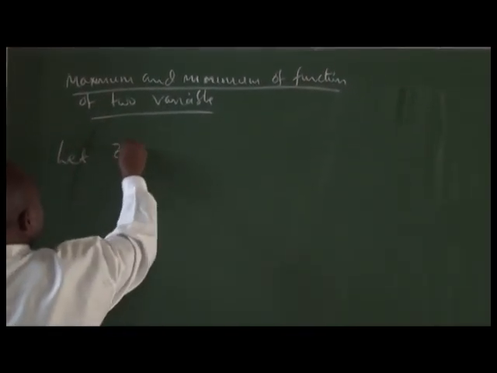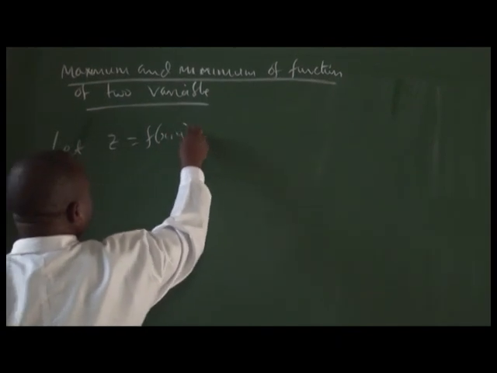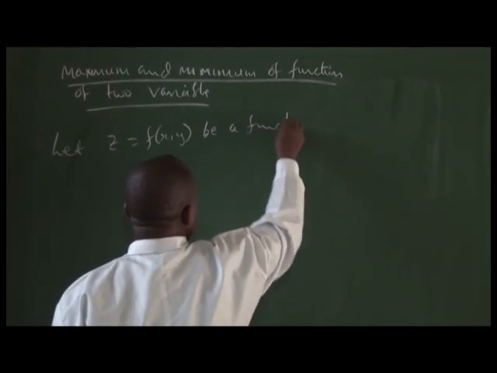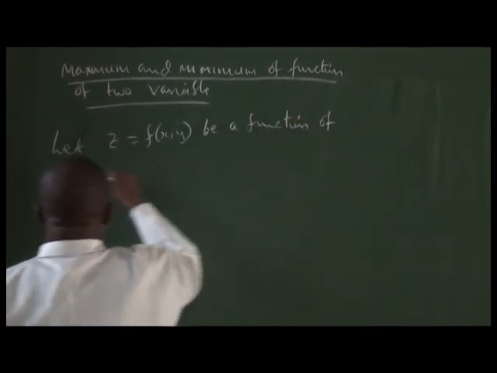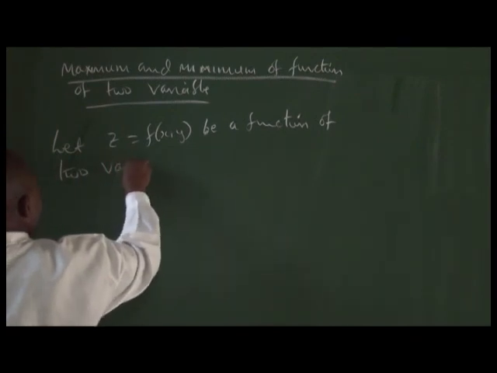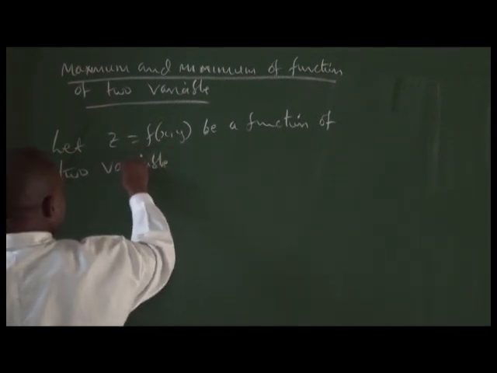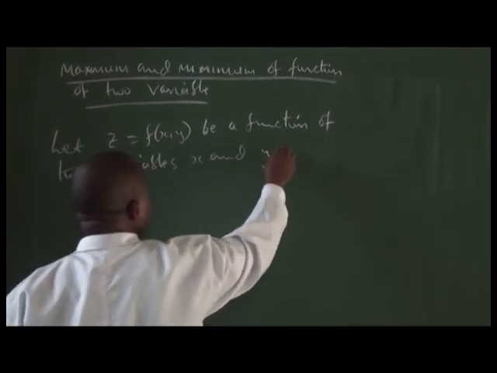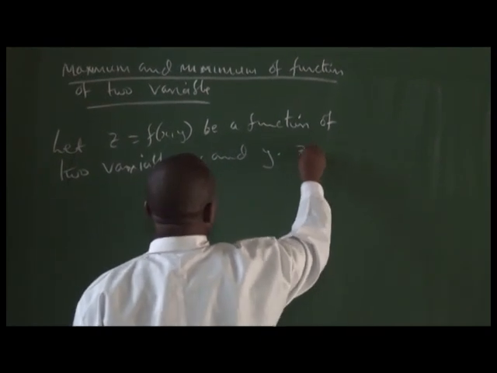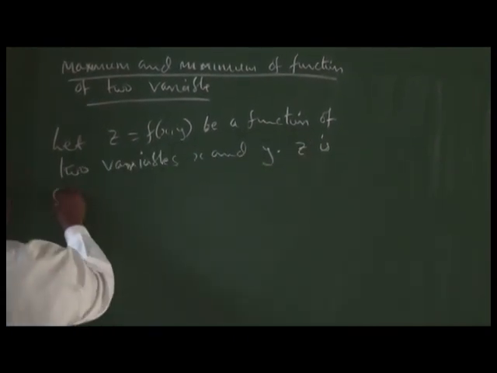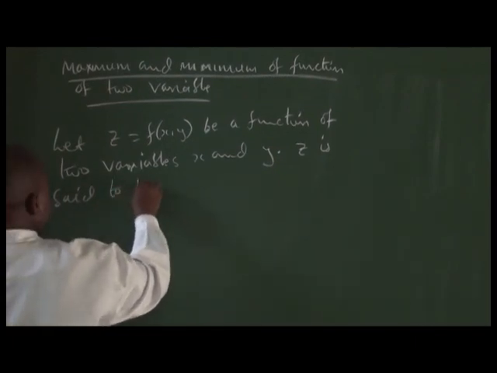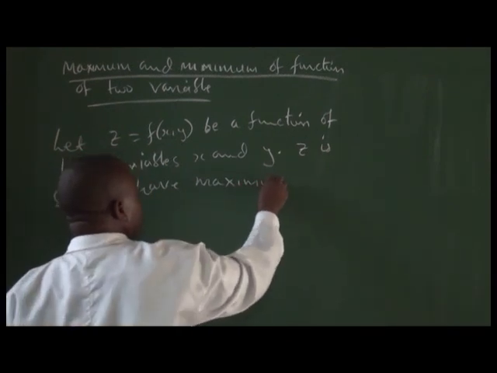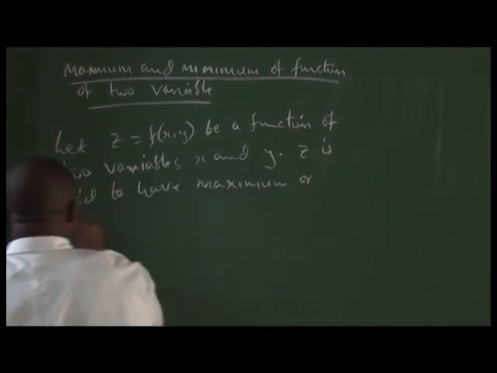Now let z equal f of x, y be a function of two variables x and y. z is said to have a maximum or minimum.